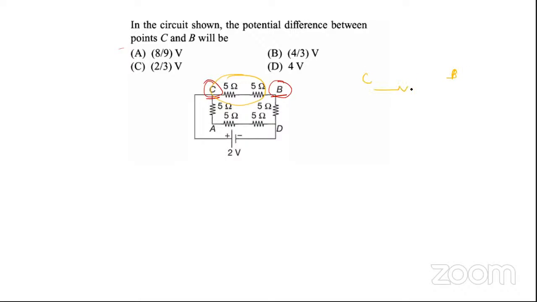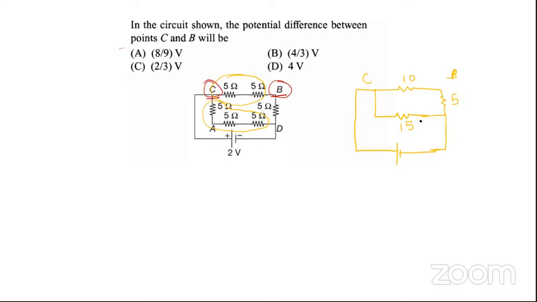So I can simply write this as 10, and A point does not matter over here, and all these are in series again. So this can be written as 15. Here is 5, and then the potential is applied like this.